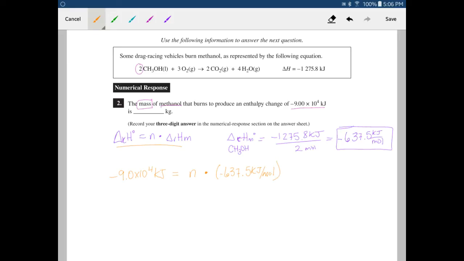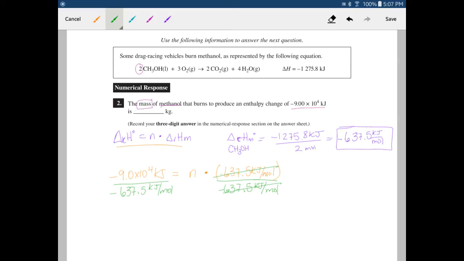So when I go to solve for this, I need to divide by my negative molar enthalpy, which means I'm going to divide by the same value on this side. Those cancel out, giving me moles.